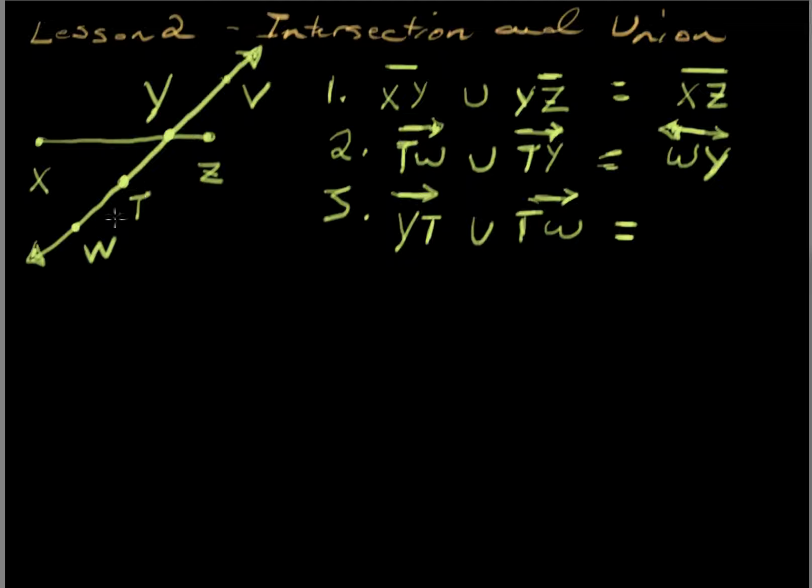So the union of these two is ray YW, because it starts at Y and goes out to infinity. And the TW piece is already included in the YT piece, if that makes sense. So for this union, this is going to be ray YW.